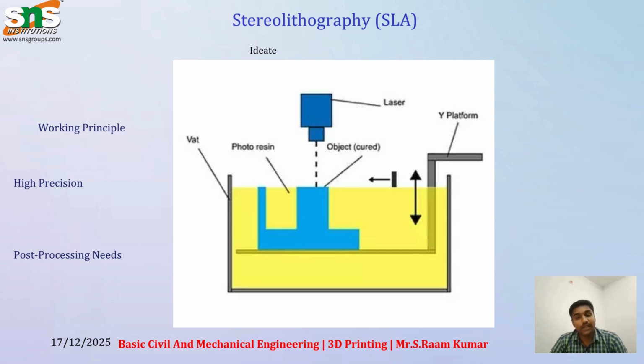Then the second one is stereolithography. In stereolithography, the raw material is a resin, in the form of liquid or paste, with an adhesive nature. The process is carried out in a container, where the laser path is projected inside the resin, through which the resin is converted into a solid structure, a phase change.